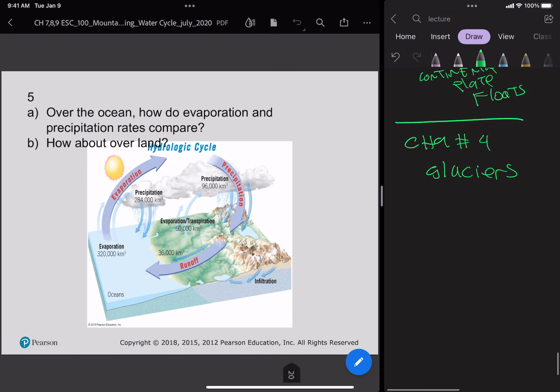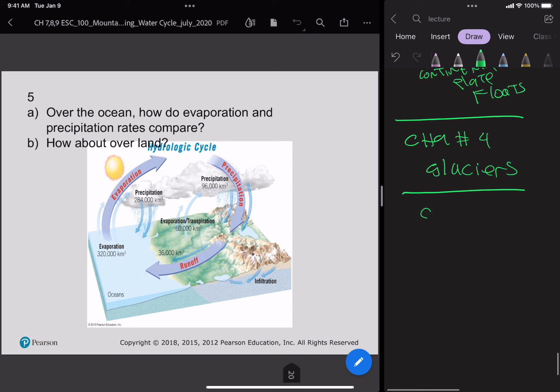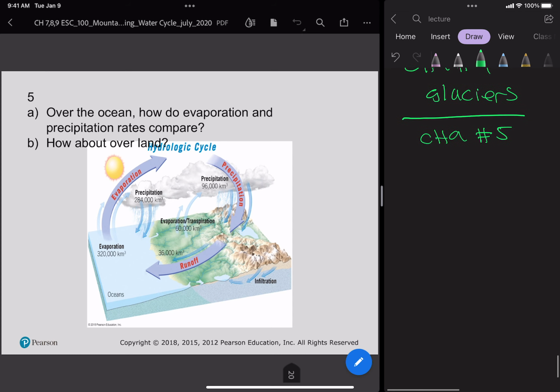Okay, next question. Chapter 9, number 5. Over the ocean, how do the rates of precipitation and evaporation compare? And how do those same rates compare over land? So, let's look at the answer.